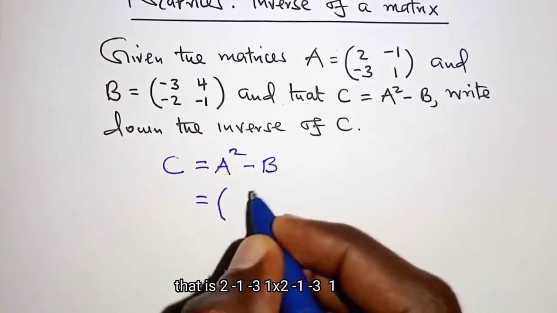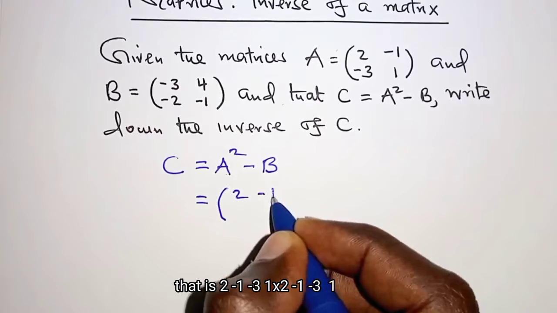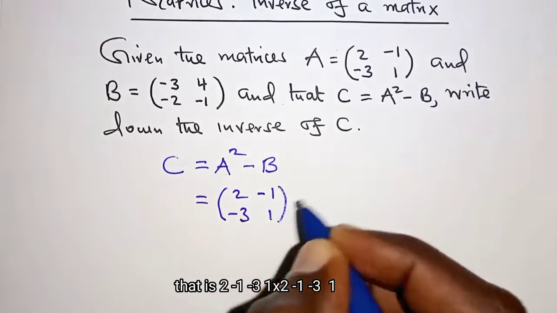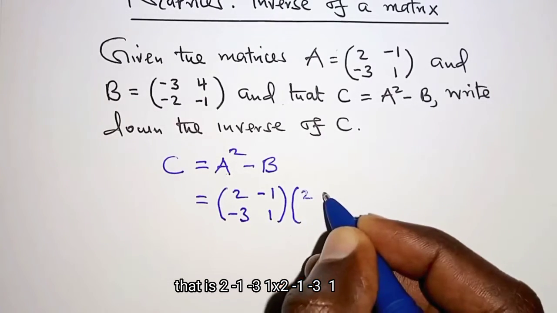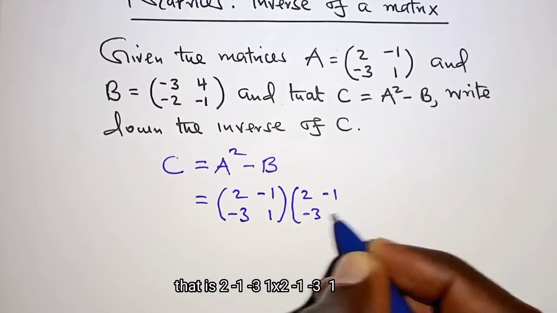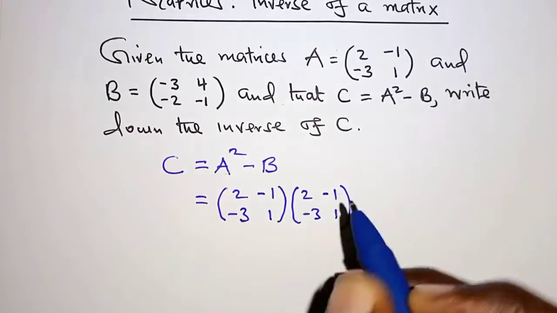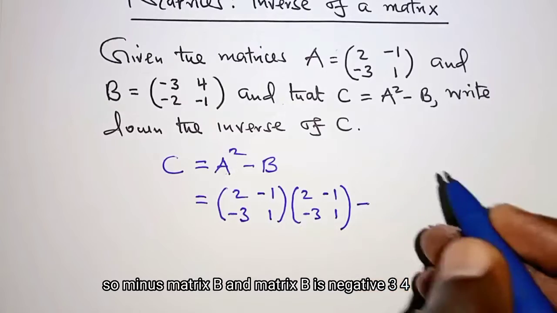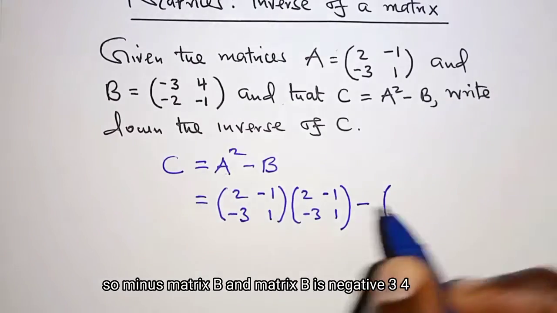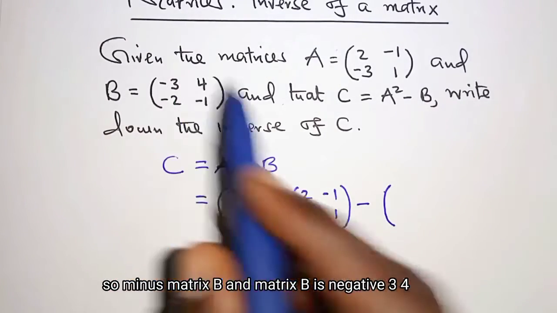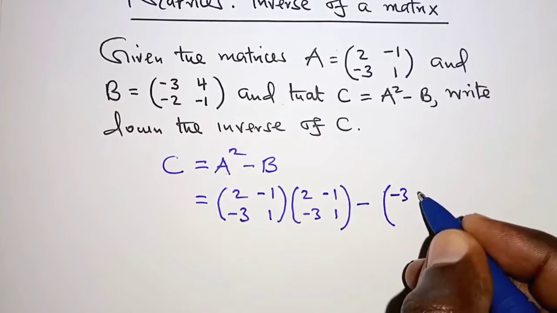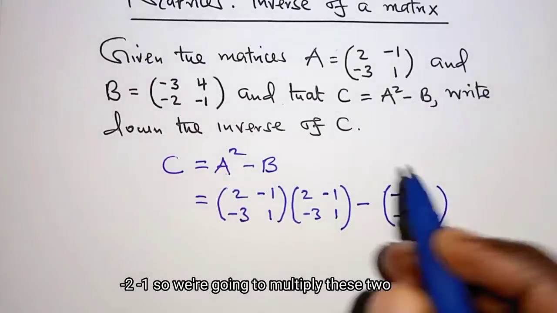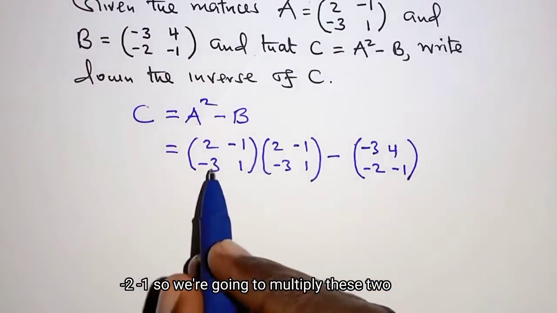That is [2, -1; -3, 1] times [2, -1; -3, 1]. And then after that, we subtract B, so minus matrix B, and matrix B is [-3, 4; -2, -1].